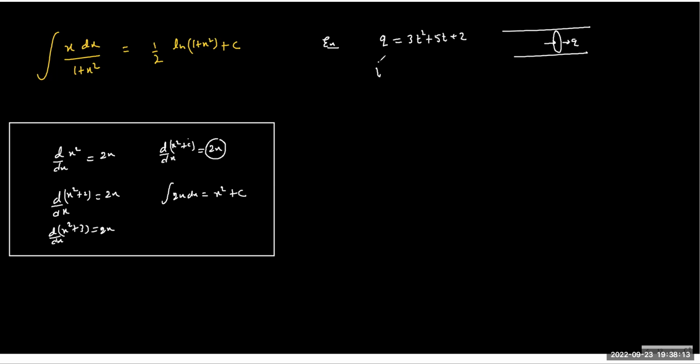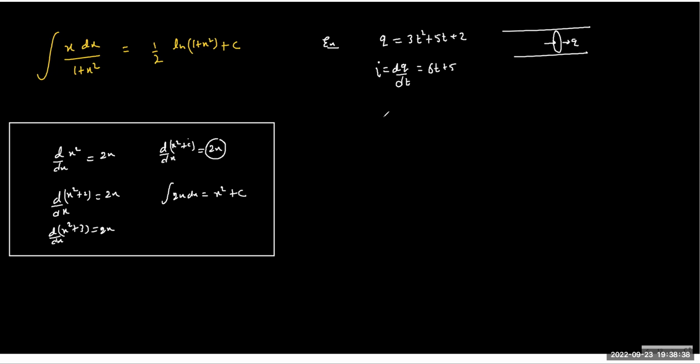And the current is defined as the rate of flow of charge, which is the differentiation. So if you differentiate, what do you get? Tell me the differentiation first. 6t plus 5.